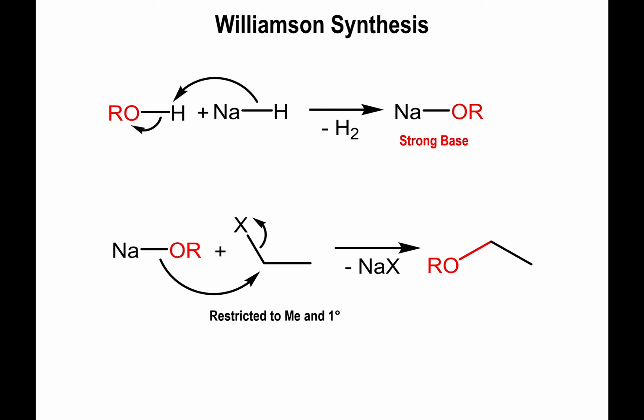And needless to say, if you have a tertiary alkyl halide, you'll end up undergoing eliminations for sure, right? So secondaries are really not going to work out too well. Not to say that you will not get some SN2 product, you probably will, but your yield is going to be terrible, right? So you want to avoid that and just keep it to methyl and primary alkyl halides when it comes down to this.